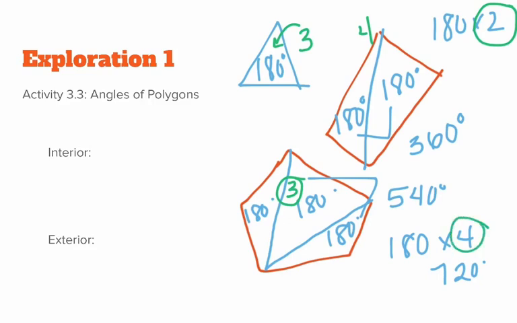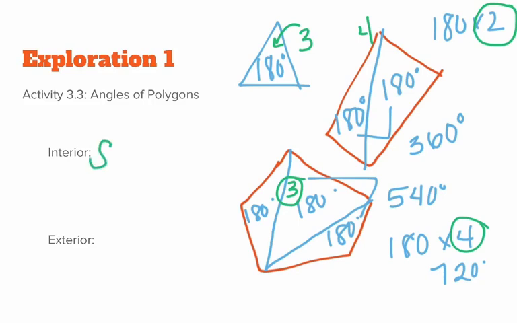So the number of triangles is always 2 less than how many sides there are. Let me say that again. The number of triangles is always 2 less than the number of sides there are. So then we can figure out how many triangles and take that times 180 to find our sum. So that's where the formula for the sum of interior angles of any polygon comes from.